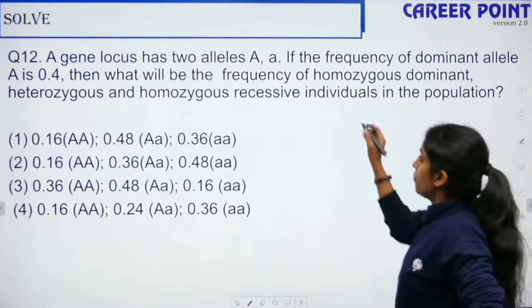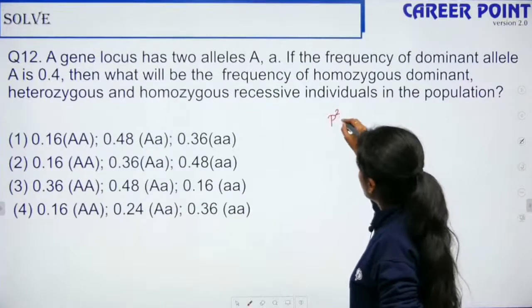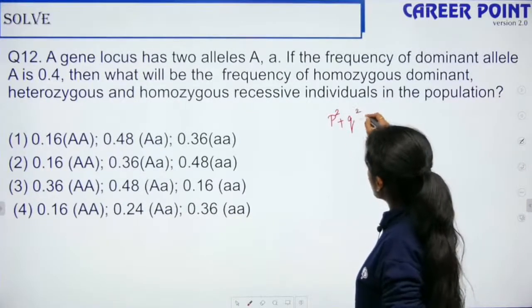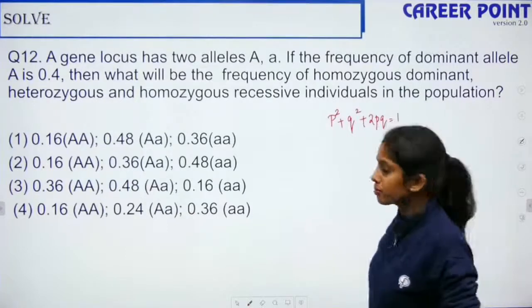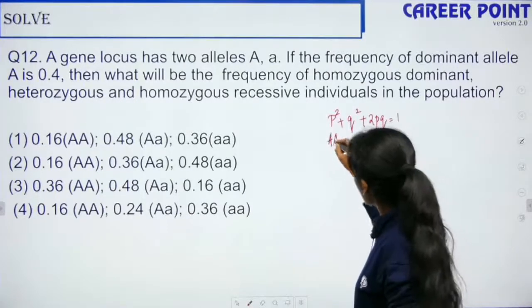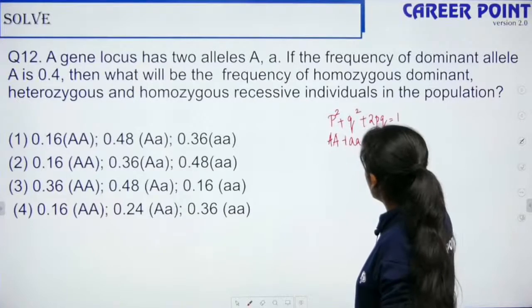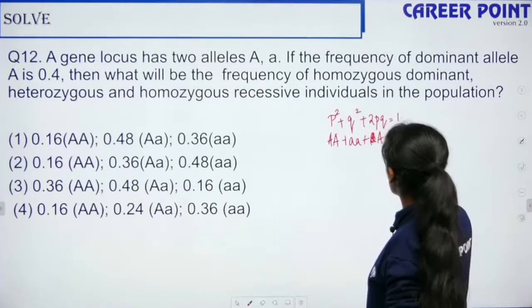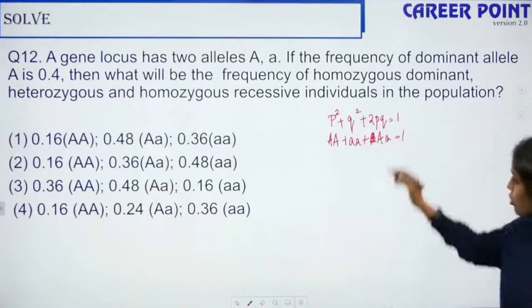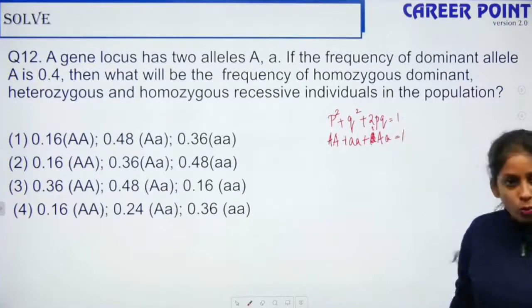So here, Hardy-Weinberg's equation is p square plus 2pq plus q square is equal to 1. So this is nothing but AA plus 2 Aa heterozygous plus aa is equal to 1.